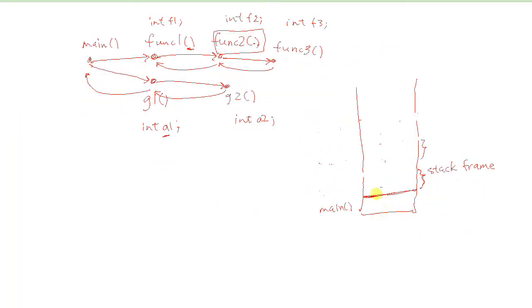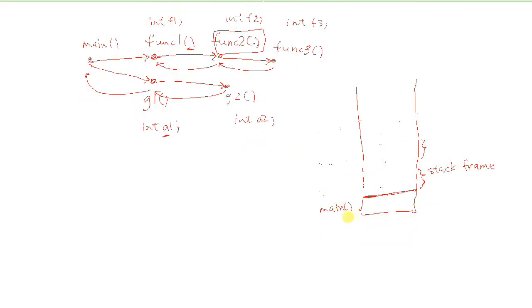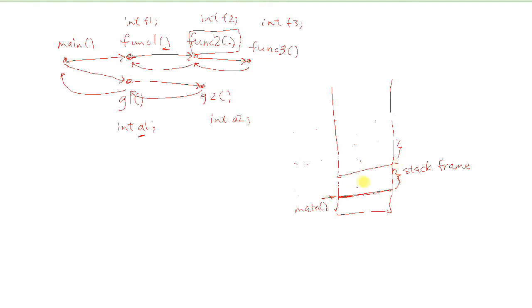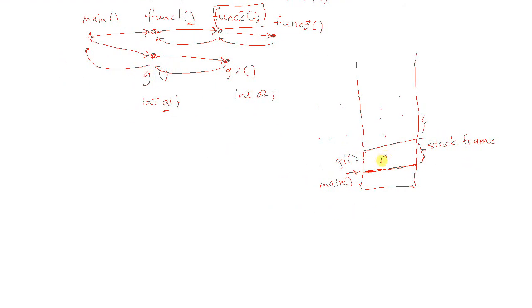It's going to be created on the top of the stack. With every new function call, the variables are allocated from the top of the stack. What is the top of the stack right now? Right here in main. So we will create a space for g1 here, and the variable name a1 is going to be used here.